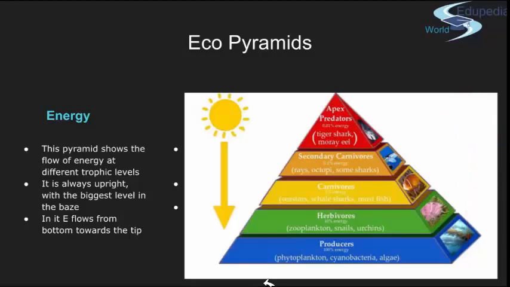And in cases such as open water communities, the producers have less bulk than consumers, but the energy they store and pass on must be greater than that of the next level, because there's always a part of energy, as we learned before, that is lost in heat and all the other processes of metabolism and so on.